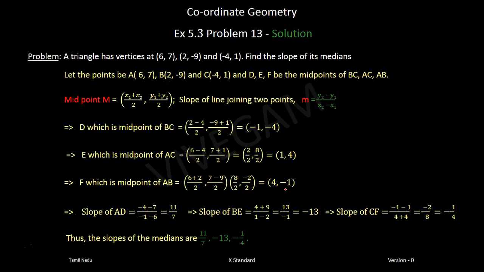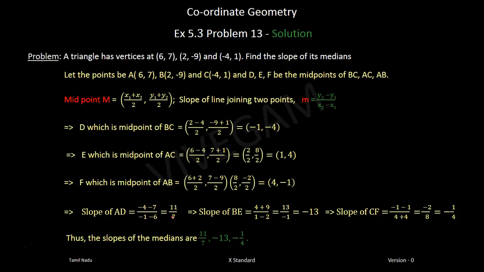Now you'll have to find the slopes. Slope of AD will be equal to, now you see this is D and this is A. So it is y2 minus y1, minus 4 minus 7, over x2 minus x1, minus 1 minus 6. So this is minus 11 by minus 7, that is 11 by 7.